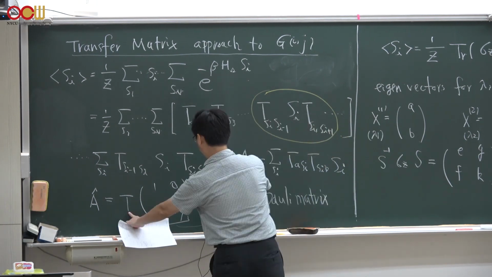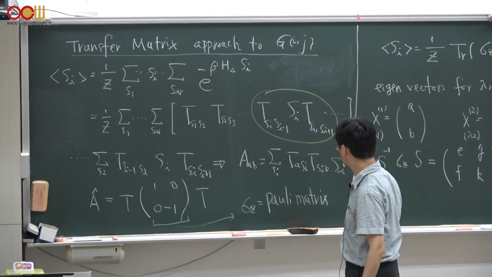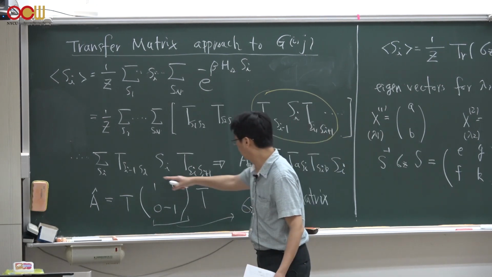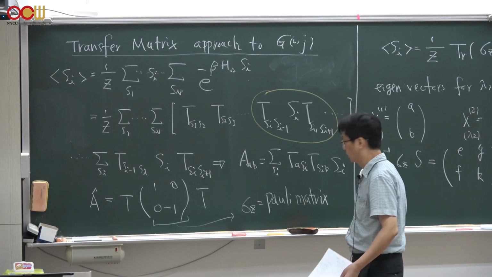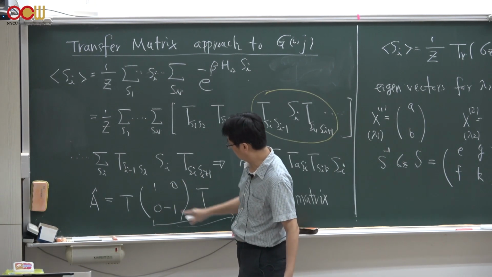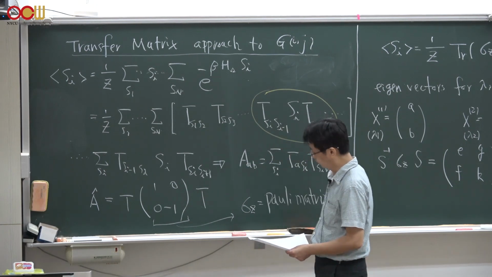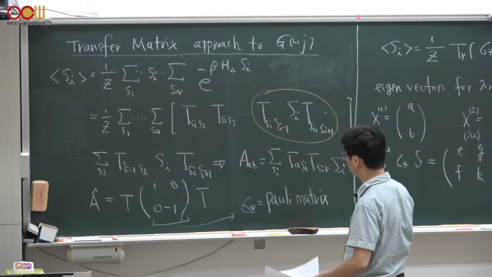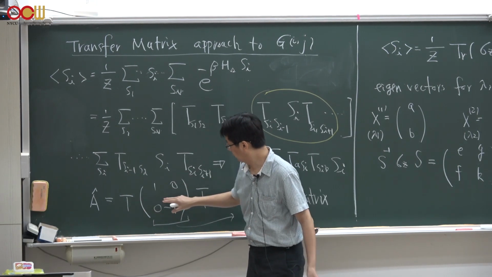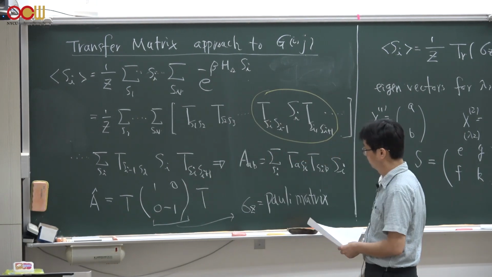Two of them, on the two sides of this expression, are simply the T or transfer matrix, but in the middle we have a Pauli spin matrix, which has plus 1 and minus 1 along the diagonal and 0 along the off-diagonal. If you simply expand all the matrix elements of this three-matrix product, you get back to this form.